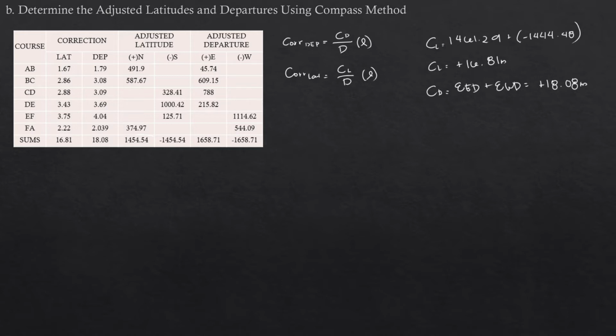After makuha ng correction, di ba sabi natin kung positive ba siya or yung adjusted natin, di ba? Adjusted latitude is equal to computed latitude plus minus correction. So, ito last time, nabanggit naman natin to dun sa part 2 kung bakit ba siya positive or negative. Okay, so ito yung mga nakuha natin na values.